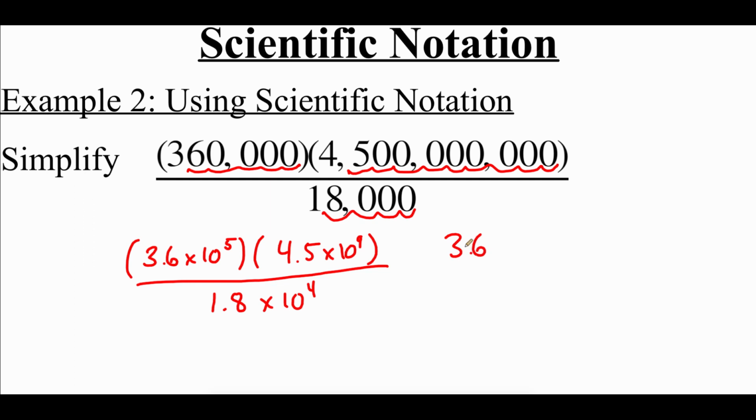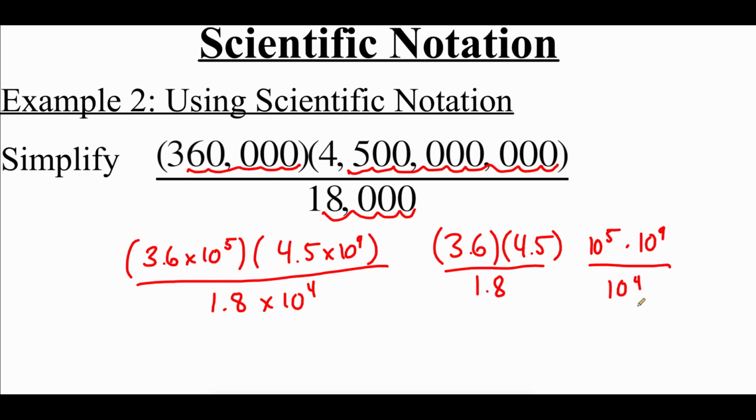So it's going to be 3.6 times 4.5 on top, and our 1.8 is going to be on bottom. And then I'm also going to regroup these tens with powers so that we can use some properties of exponents. We're going to have the 10 to the 5th on top times the 10 to the 9th on top, and on bottom we're going to have the 10 to the 4th.